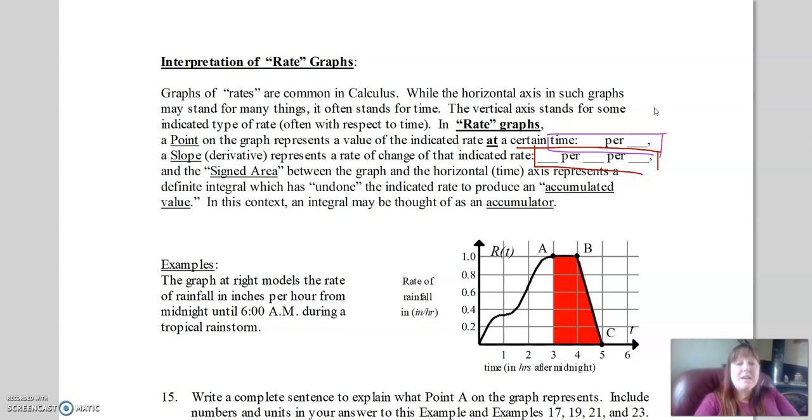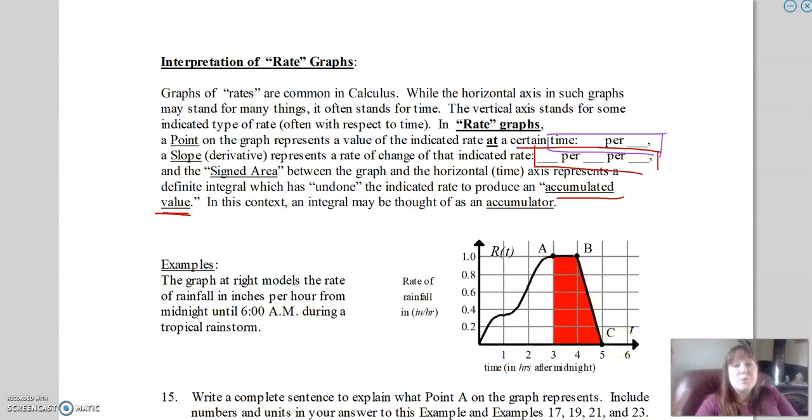And then the signed area between the graph and the horizontal line represents a definite integral which has undone the indicated rate and produced an accumulated value. So the important part here to think of is all of this shaded area under the graph. This basically tells us how much accumulates over time of some function.